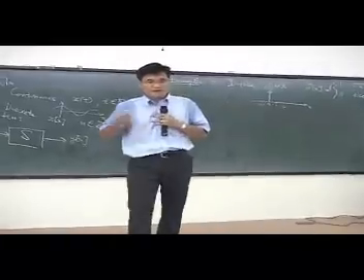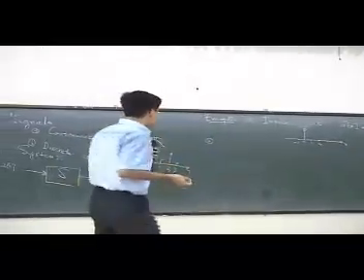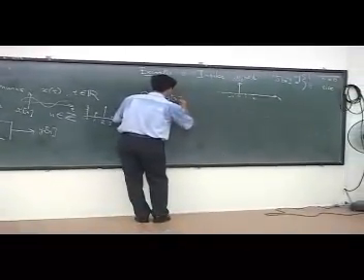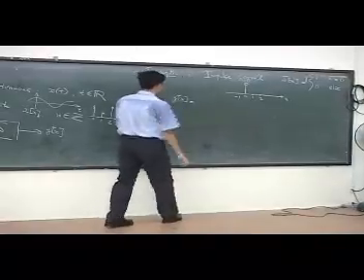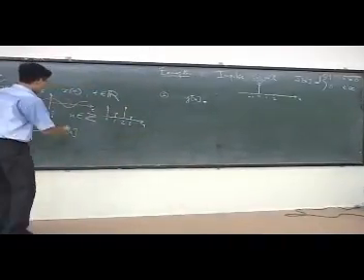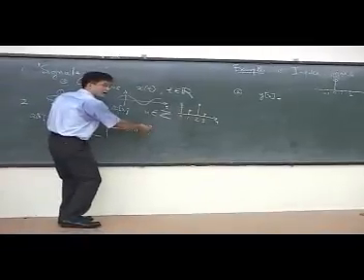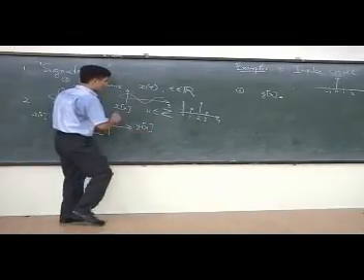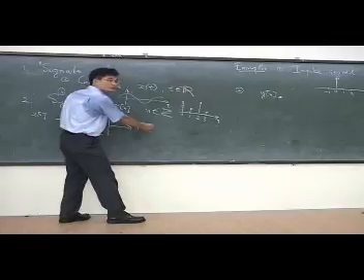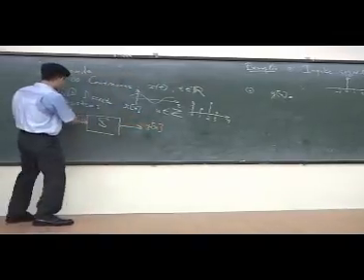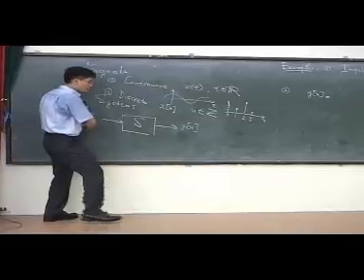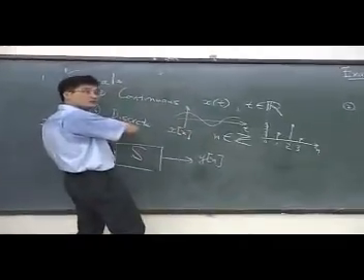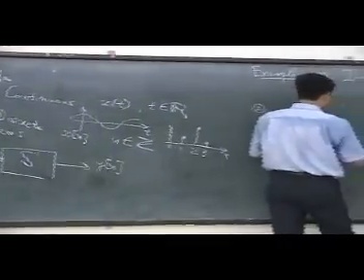Let me give you an example of a system. For example, I can write y of n is equal to... I have an output here, and I have to specify how I can compute this output based on my input, and also possibly on the previous output.